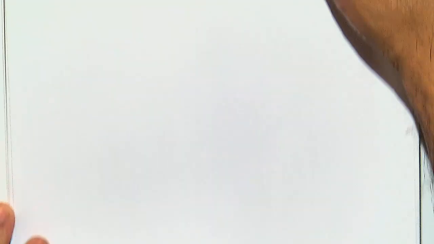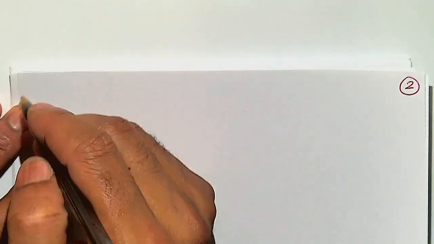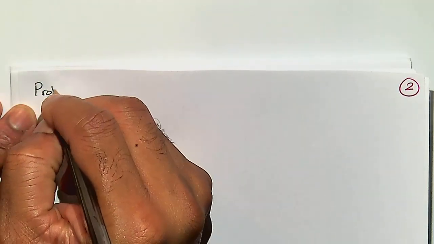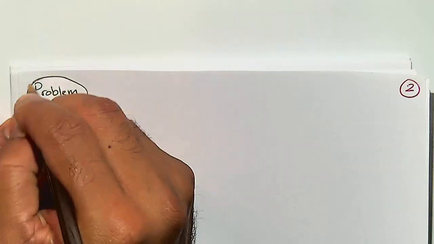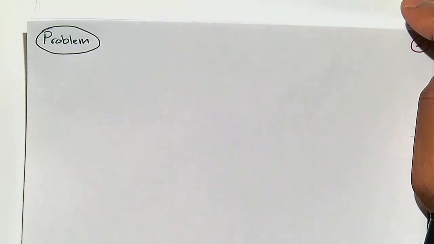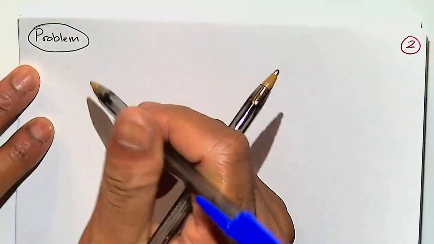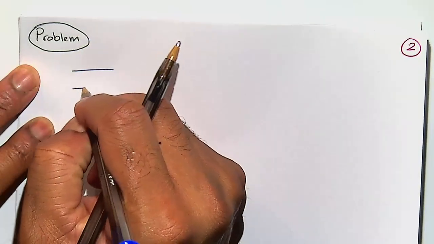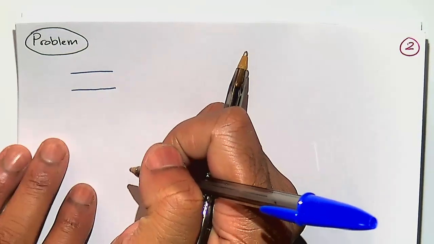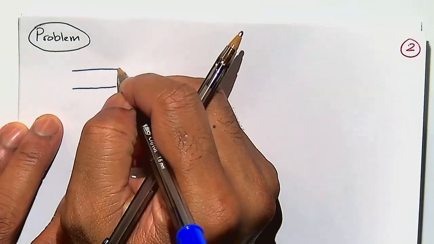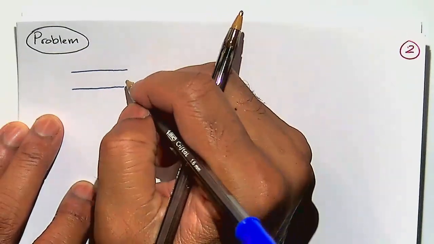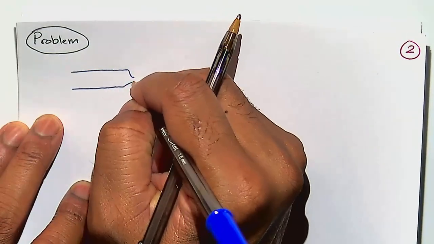All right, let's use this to do a problem akin to something you see in the real world. Let's say we have a hose, and there's a certain nozzle that you connect to the hose.